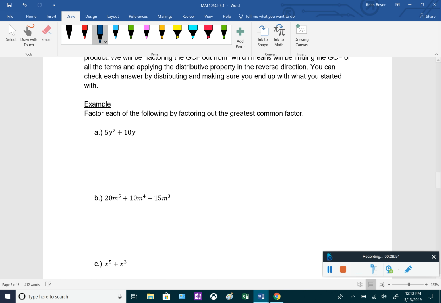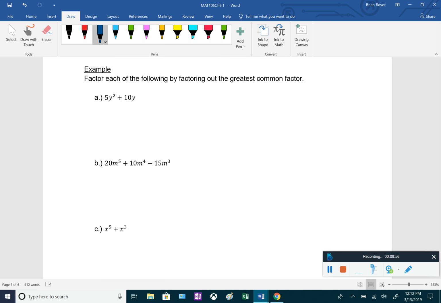So let's go ahead and factor these using the greatest common factor. So we have 5y squared plus 10y. So that's going to equal, so we go one factor at a time, so we start with the numbers. The GCF of 5 and 10 is 5. The GCF of y squared and y, smallest exponent, that's going to be y. So we have to remember here to think about what we're left with.